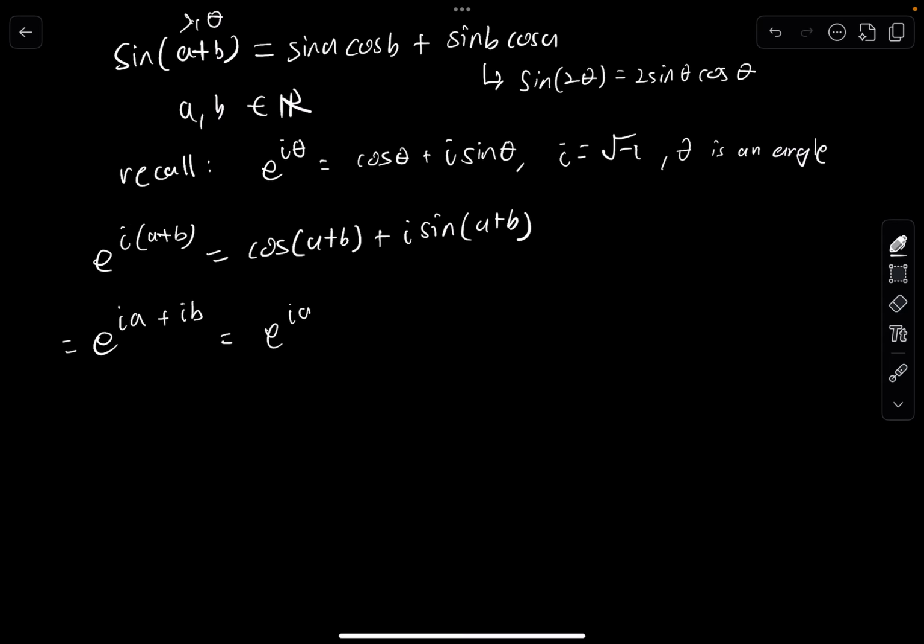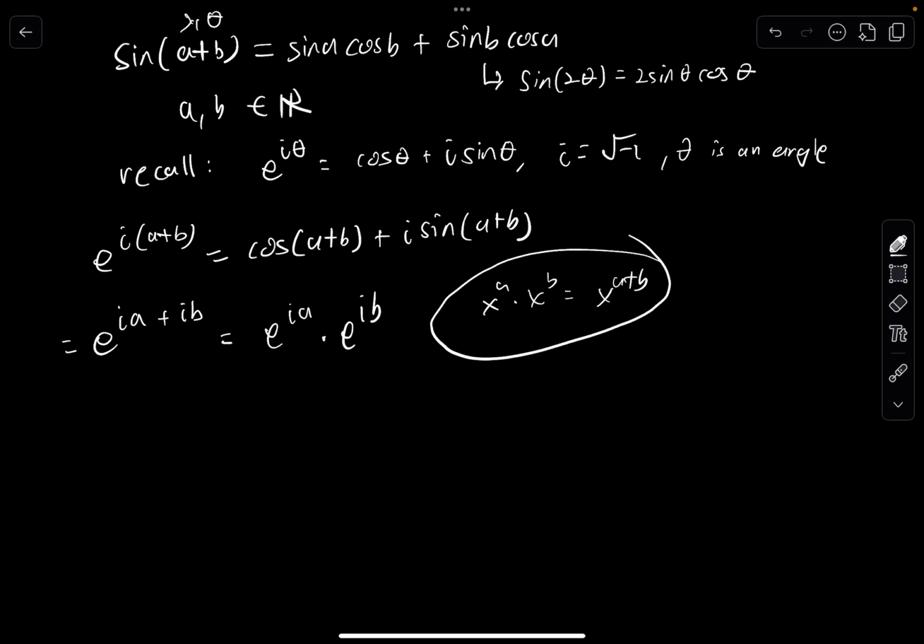And this is the same thing as e to the iA times e to the iB, because of the basic rules of exponents, right? x to the a times x to the b is equal to x to the a plus b. So we're using this property here.